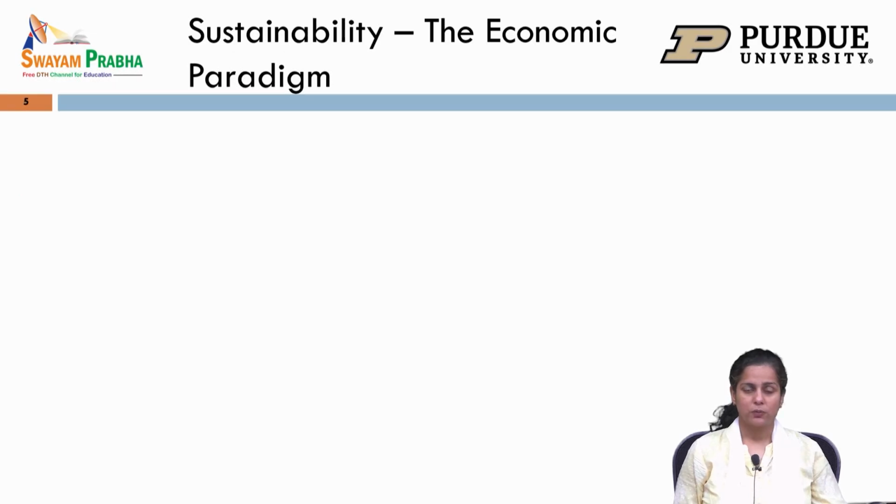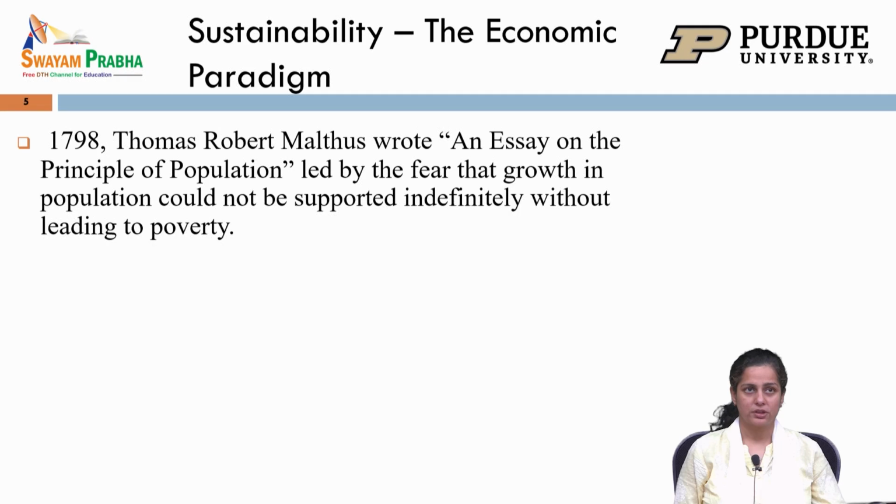So, let us look at the economic paradigm of sustainability. In 1798, Thomas Robert Malthus wrote an essay on the principle of population, led by the fear that growth in population could not be supported indefinitely without leading to poverty.